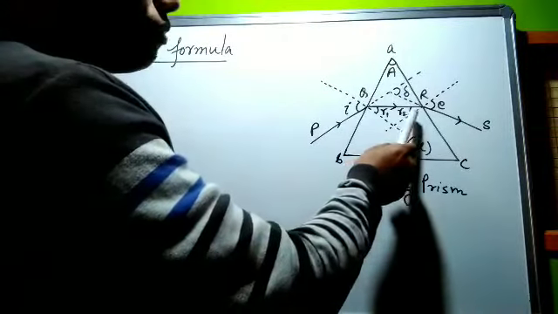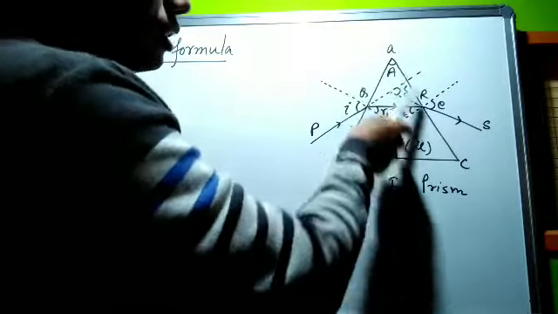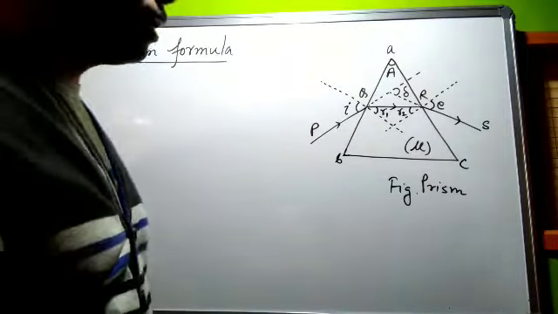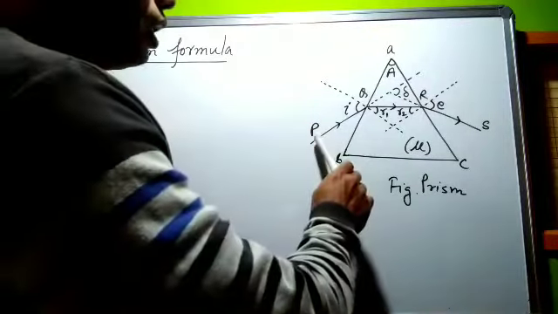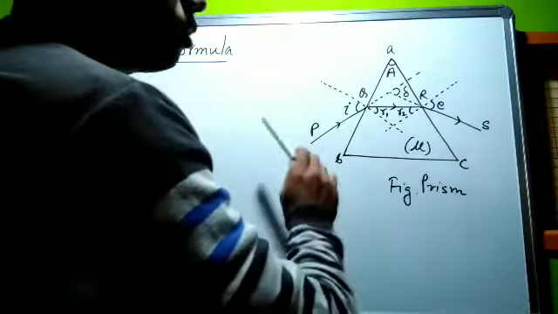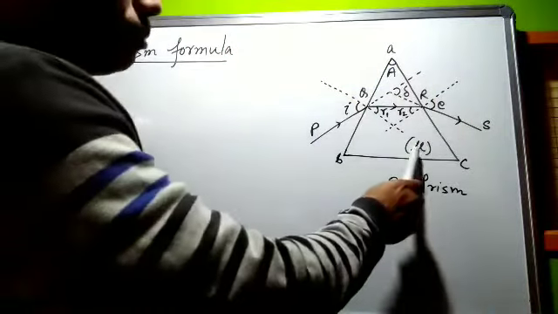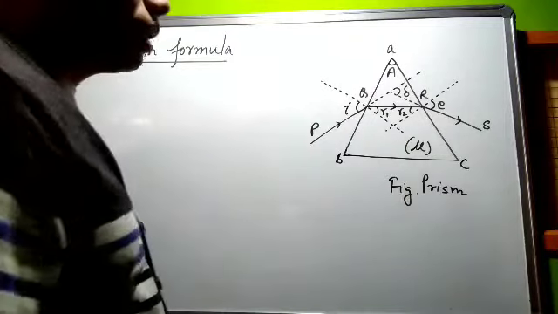R2 is the angle of incidence on the refracting surface AC inside the prism. E is the angle of emergence. Delta is the angle of deviation, that is the angle between the incident light ray PQ and the emergent light ray RS. A is the angle of prism. Mu is the absolute refractive index of the material of the prism.